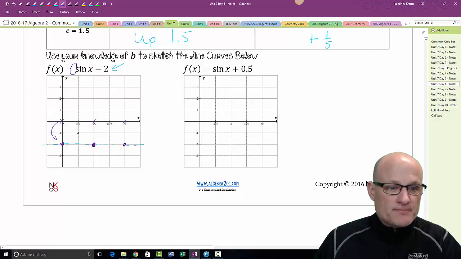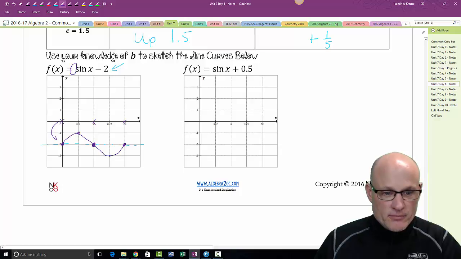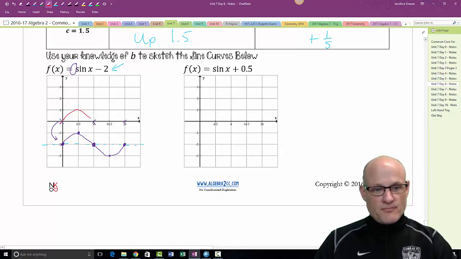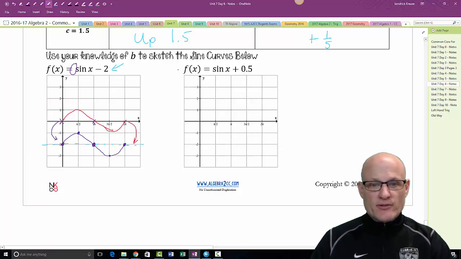We're going to go up 1 unit, up 1 unit, and down 1 unit. Like that. But notice, normally my graph would be here. This is the normal sine curve. Notice it all just got shifted down 2 units.